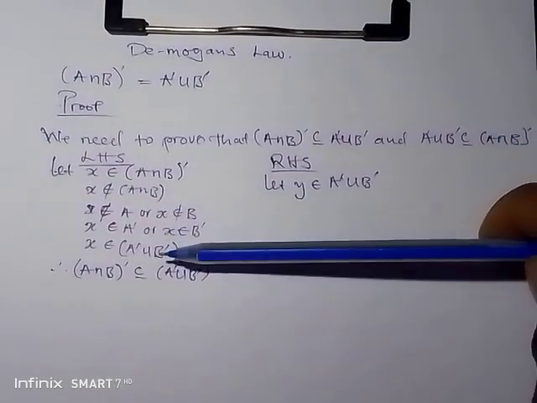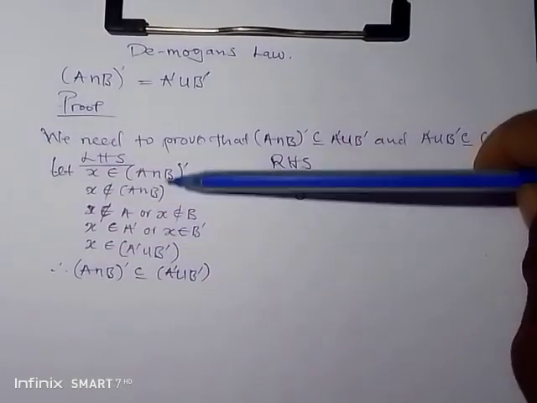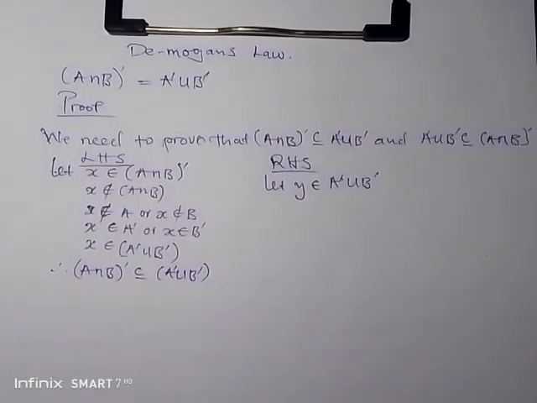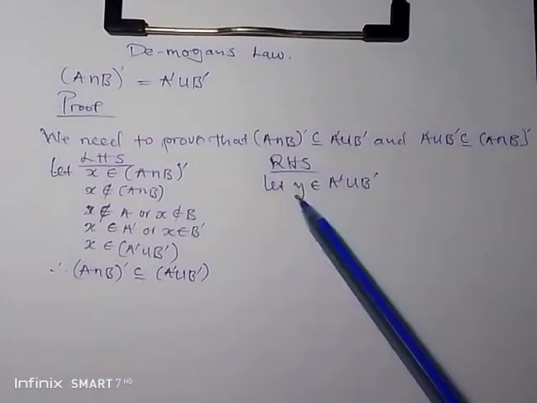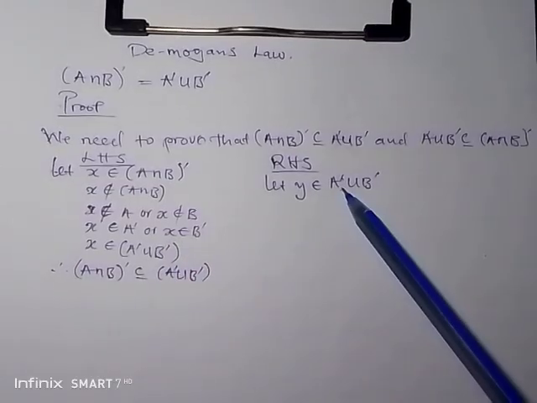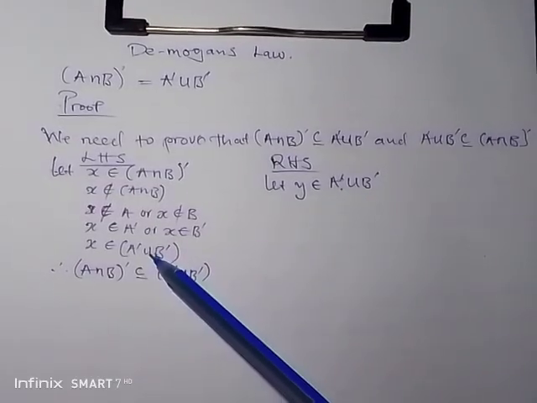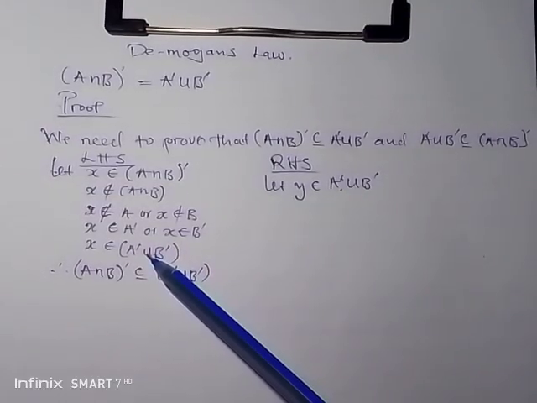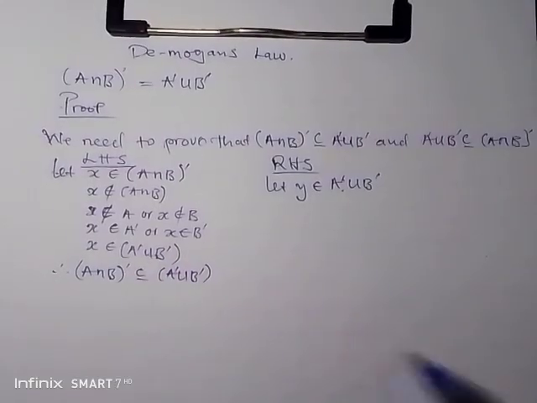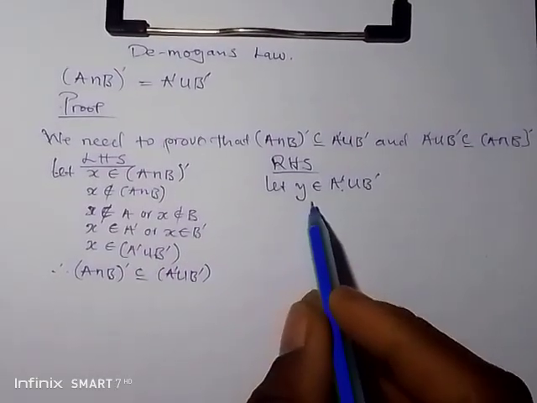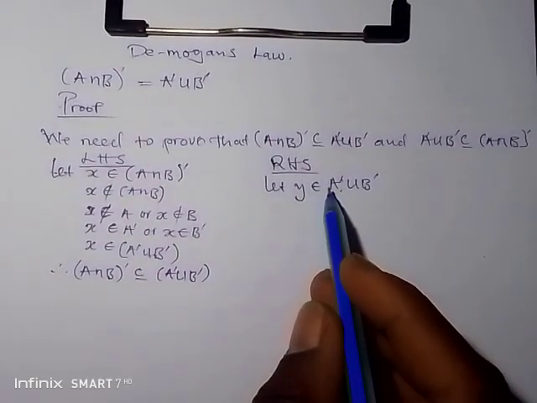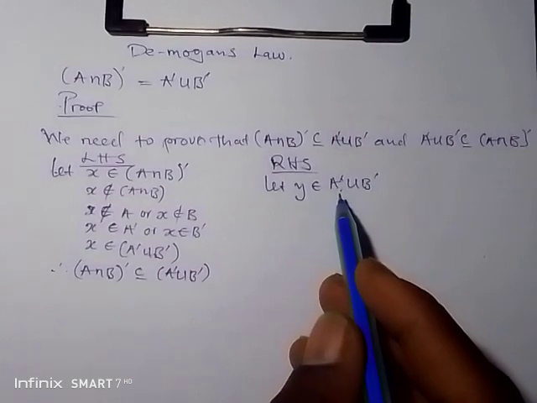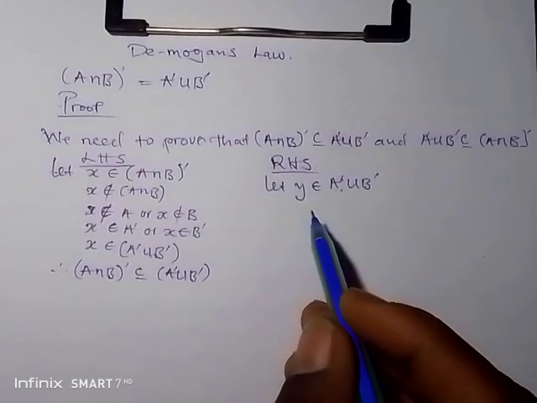If you can manage to copy everything from here up to here, then you are good to go, because what we started with here is the last part on this side. So let's proceed: let Y be a member of A complement union B complement.